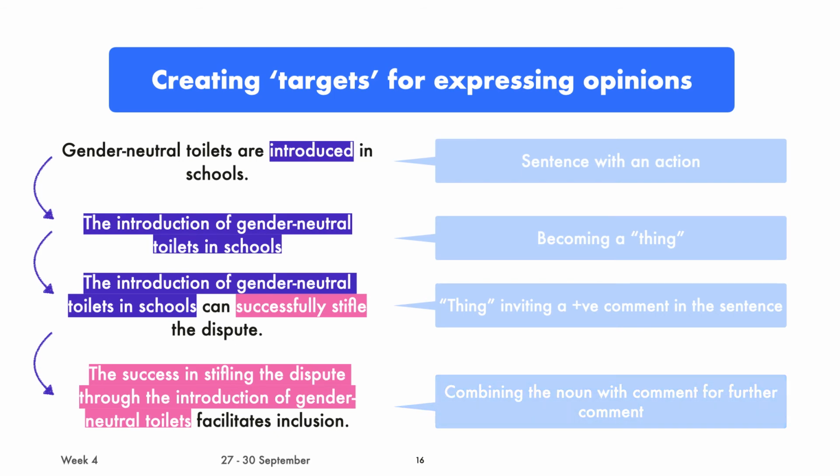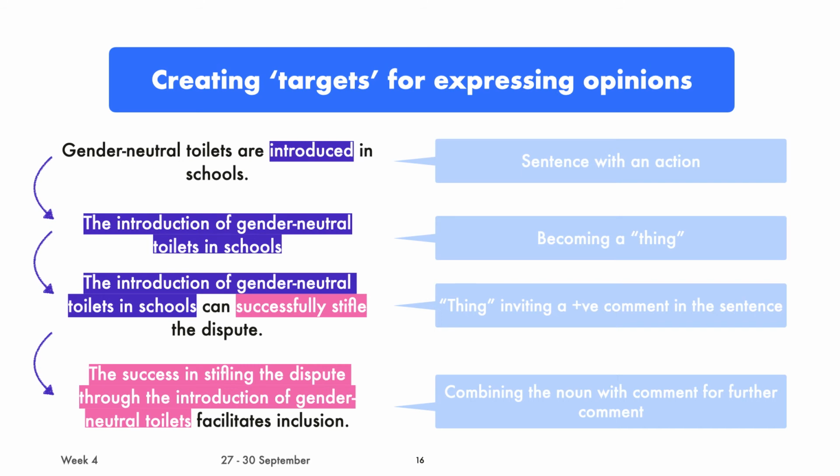I've also made up one example based on your writing to illustrate once again how you are making nouns for creating targets for expressing your comments on the topic. For example, some of you said gender-neutral toilets are introduced in schools.